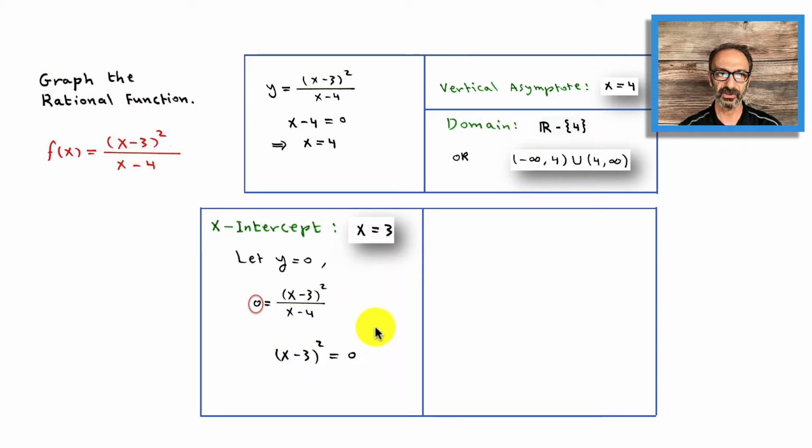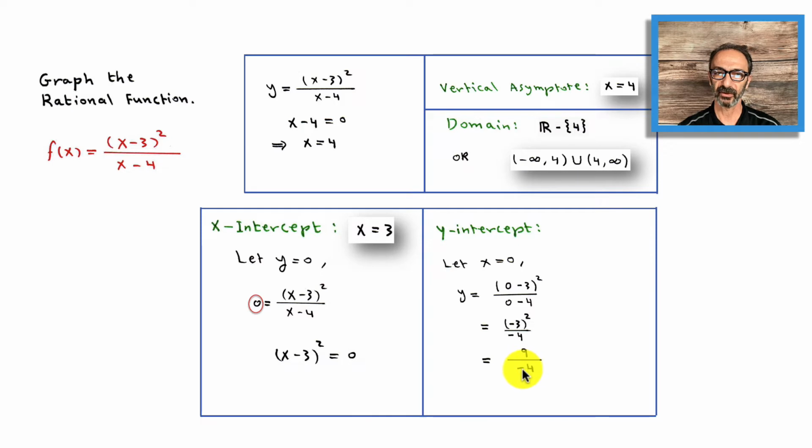Let's look at the y-intercept. For the y-intercept, we're going to let x equal 0, as I just mentioned a minute ago. That is just going to take 2 steps: plug in x equals 0 in the function. 0 minus 3 to the second will be negative 3 to the second, which will be positive 9, over negative 4.